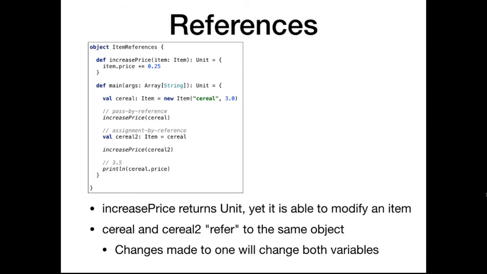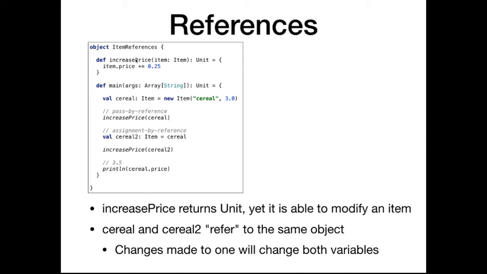So what do I mean? If we have this method that takes something of type item as a parameter, and I call this with this item that I created. I'm creating a new object of type item, and then calling this method. What I'm doing is actually giving this method the entire object.